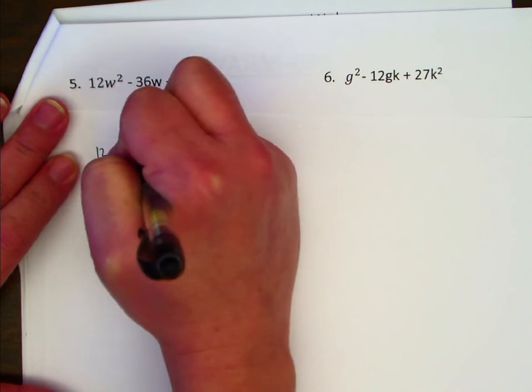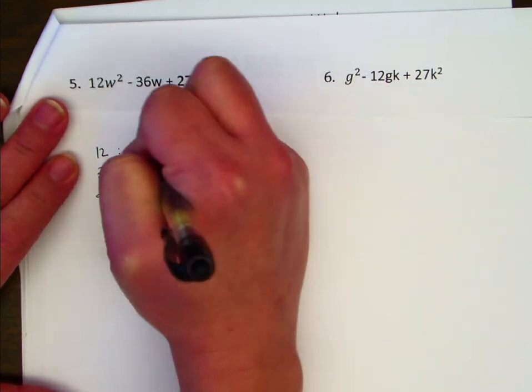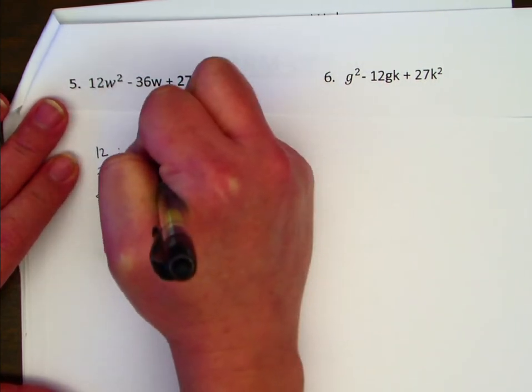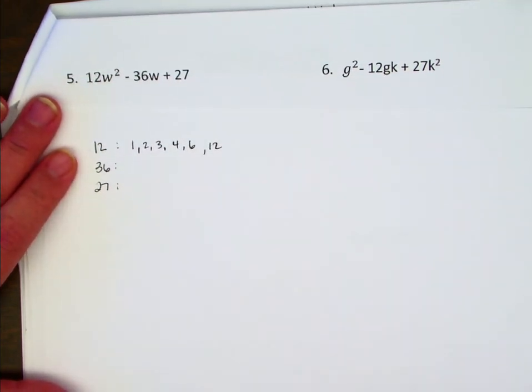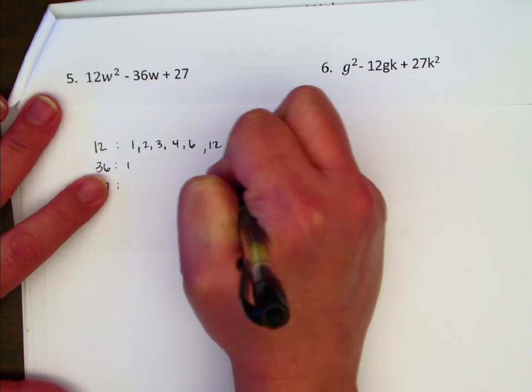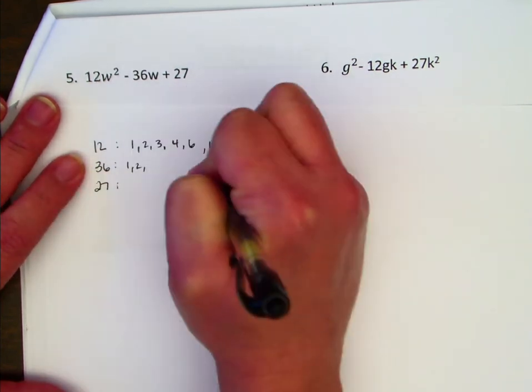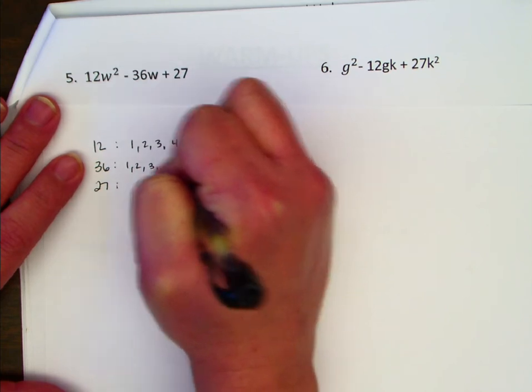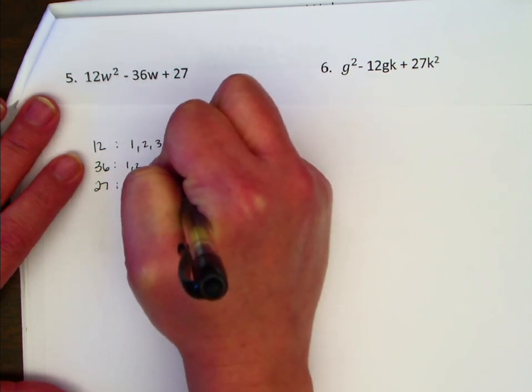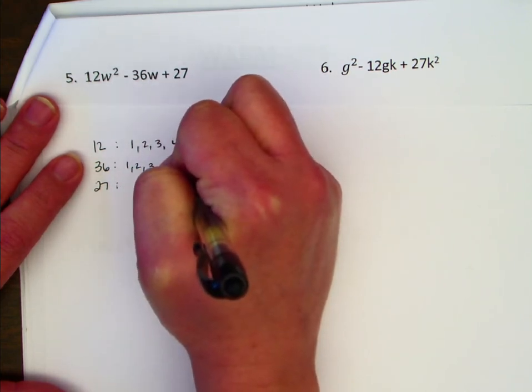So for 12, I have 1 and 12, 2 and 6, 3 and 4. Right? It's 36, 1 and 36, 2 and 18, 3 and 12, 4 and 9, and then 6.